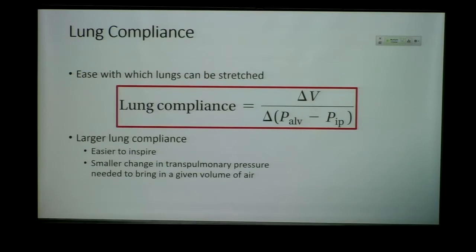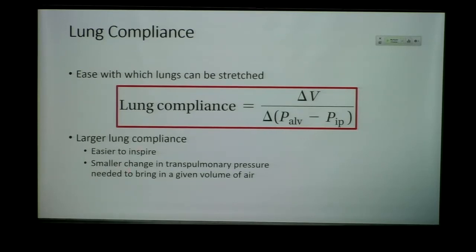So we know that compliance is really, really beneficial in the lungs. The lungs are highly compliant, and that's what allows them to expand so easily. We don't need much other force than those natural passive gradients that we talked about. And we'll talk about some pathologies that change that, but in normal healthy lungs, there's high compliance, which facilitates that easy inspiration.